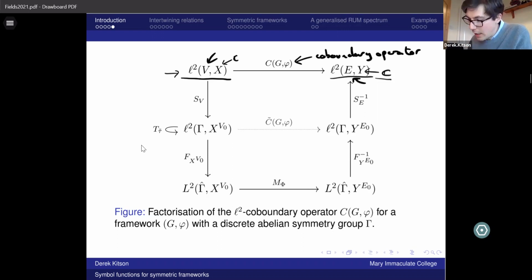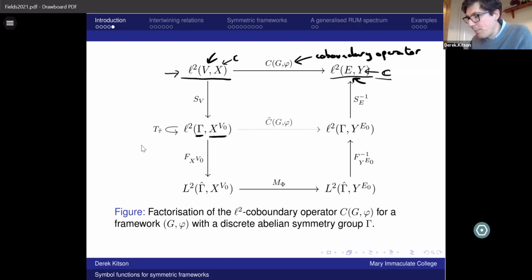Now, in the presence of some symmetry, so gamma here, you'll see a gamma in here, that's our symmetry group. So that's the symmetry group for your framework. If we have a nice symmetry group and everything is nicely laid out, we can identify our original L2 space with this other L2 space from the group, into a space where, I mean, it's quite a natural identification.